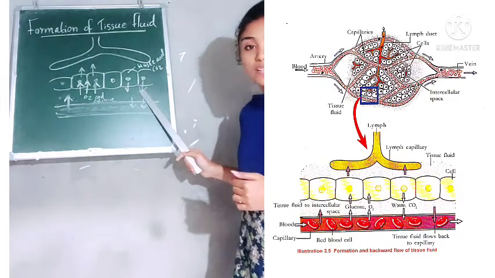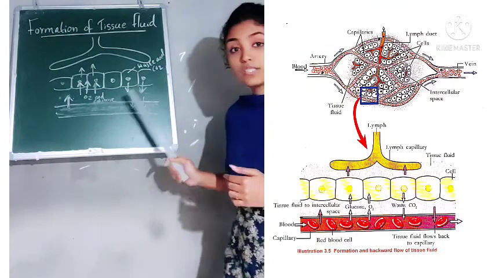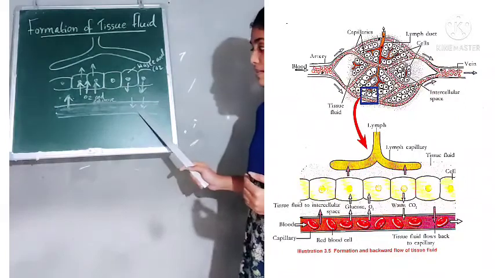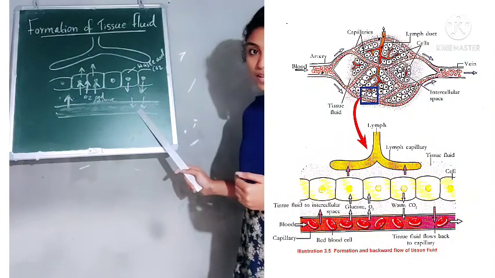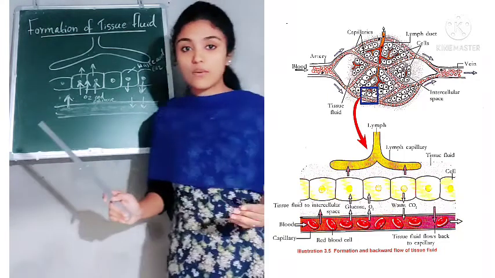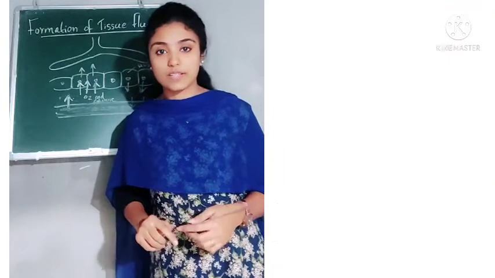And then the tissue fluid, which contains waste and carbon dioxide, again enters into blood capillary, and this blood capillary connects with vena cava, and then the blood reaches the heart for purification. So I think now you understood how the simple nutrients reach the cells through blood.